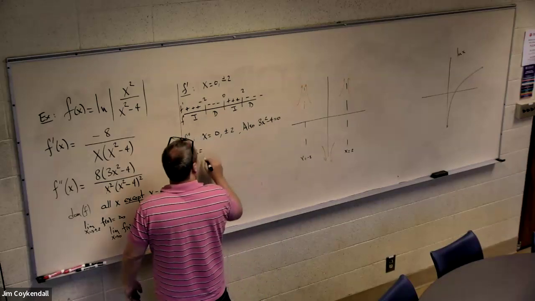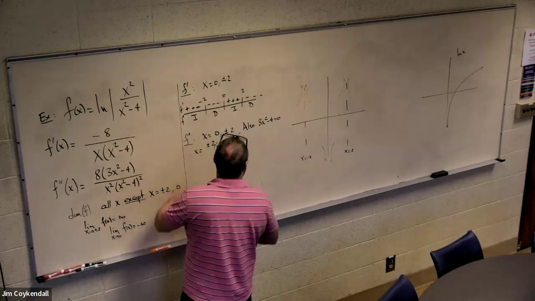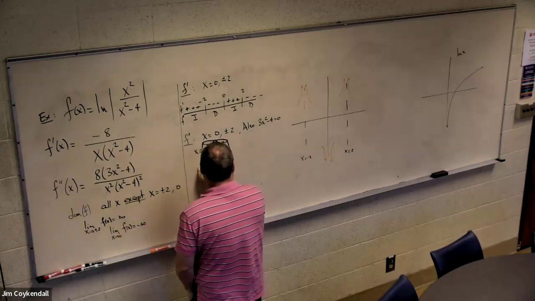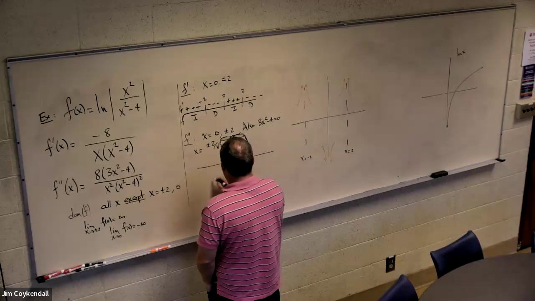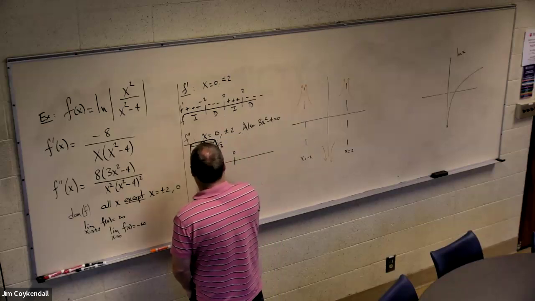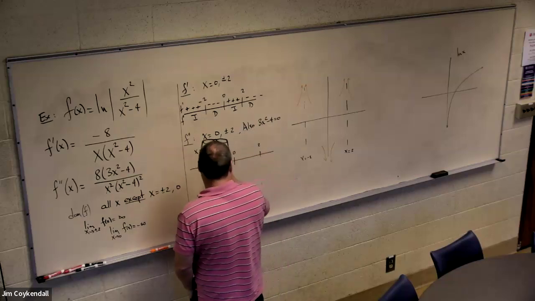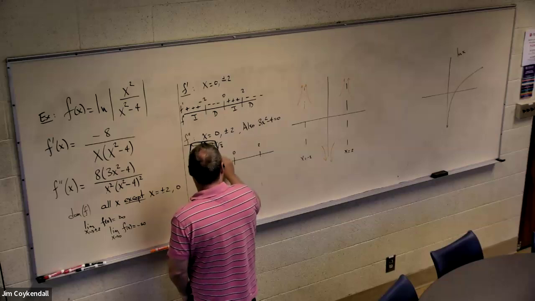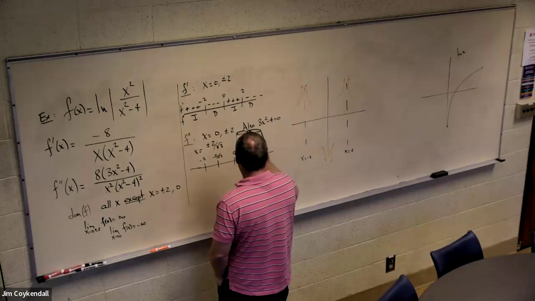I'll get x equals plus or minus 2 over radical 3, whatever that is. 2 over radical 3 is less than 2. So say minus 2 over radical 3, to the left of 0.